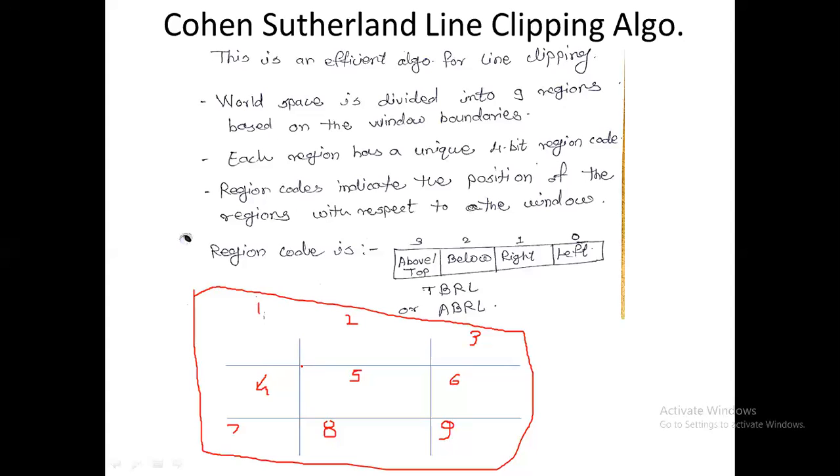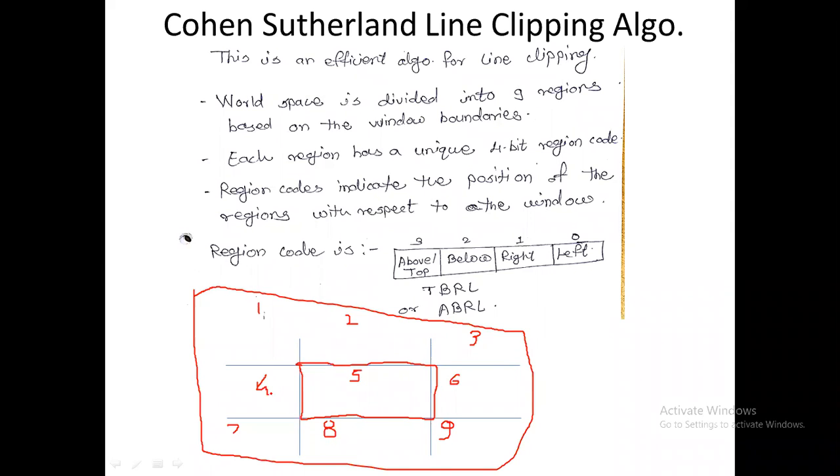Now we know that this is our window. Consider this inner rectangle as your window, or the rectangular part which comes on the camera lens. Whatever comes in this particular region, only that will be taken, and the rest of the part will be discarded.